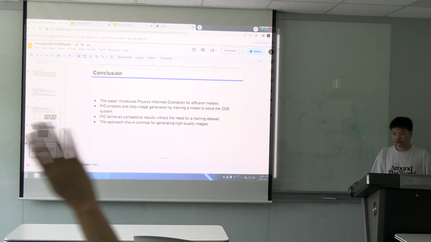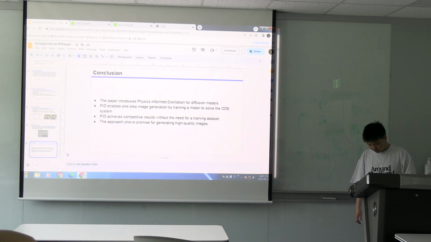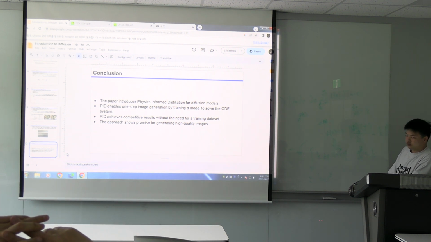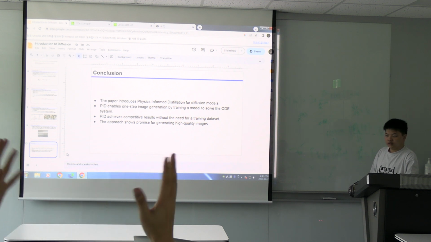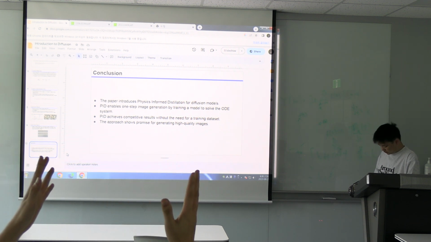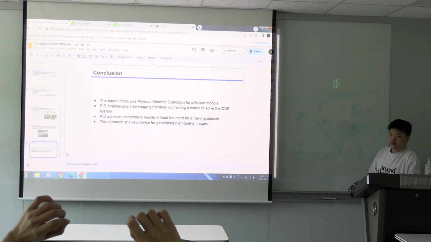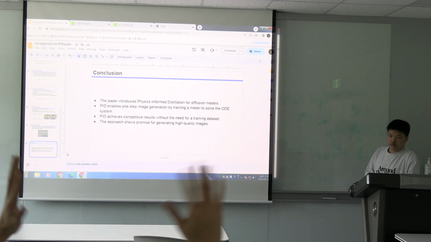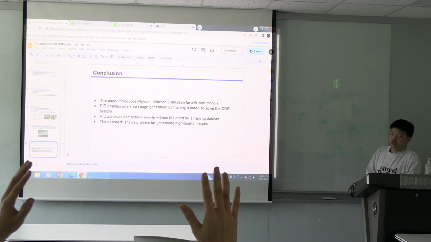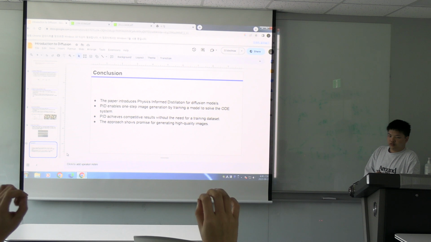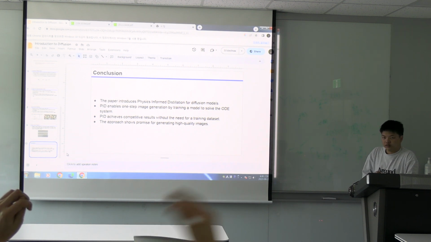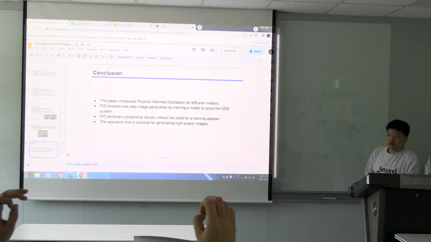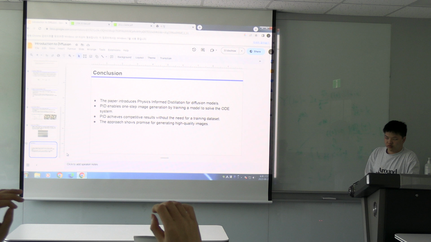So I have one question. Overall, the presentation says that if we try to estimate the gradient using some numerical method for the forward generating process, we can save computational cost as opposed to forward mode backpropagation, the conventional way of diffusion. No. Forward mode backpropagation is not the conventional way.